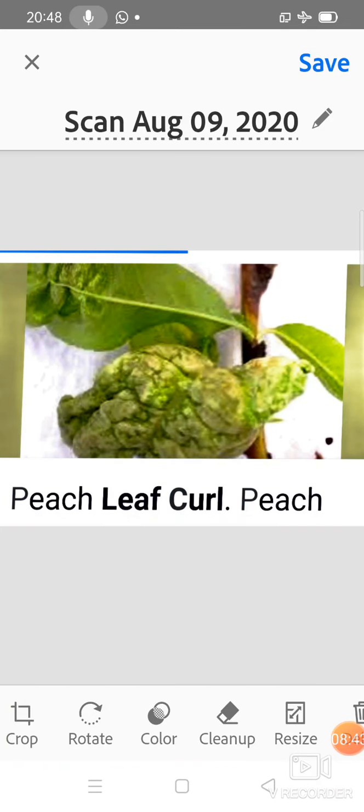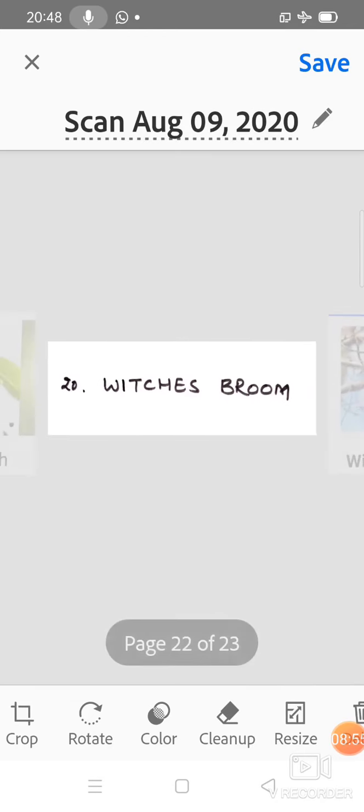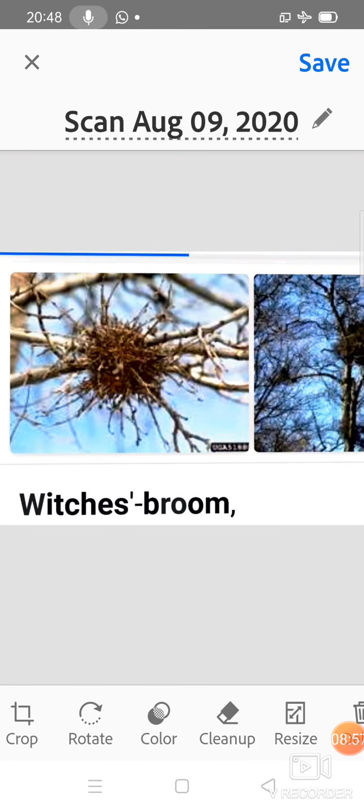Next symptom is witch's broom. Witch's broom, broom means झाड़ू. In this type of symptom, we can see a broom-like appearance, profuse upward branching of shoots. There is profuse branching at a single place.